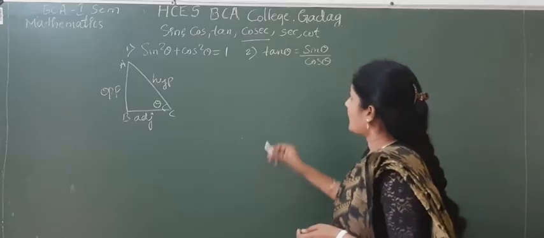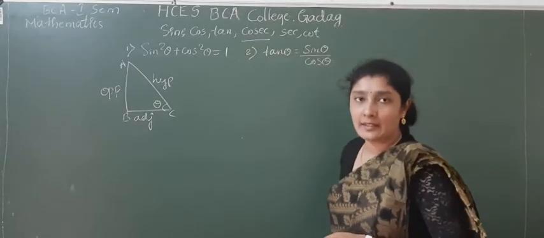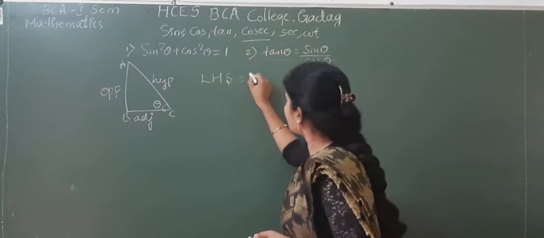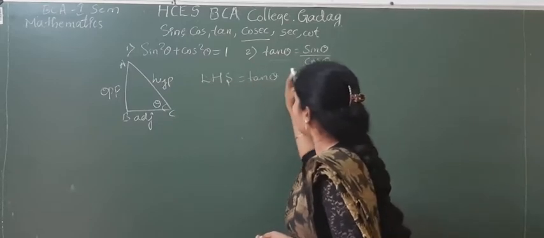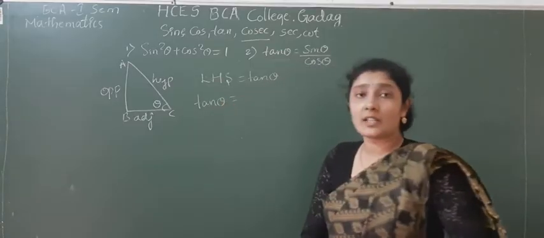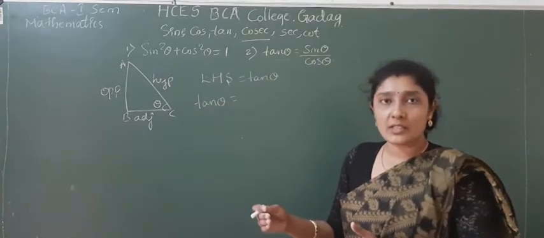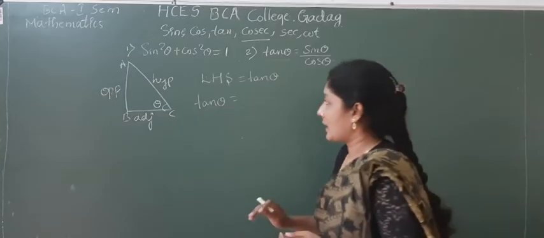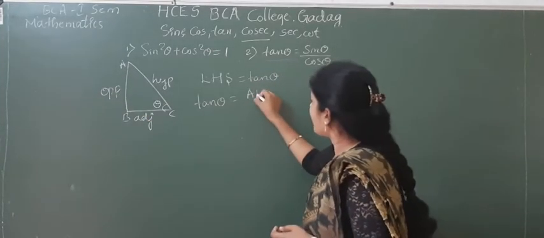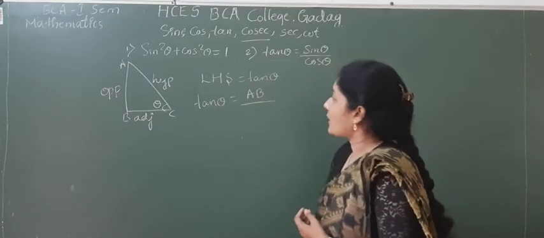Now, the second one, let us take tan theta, that is LHS. So, LHS is equal to tan theta. As you know, tan theta is nothing but opposite side divided by adjacent side. So, what is opposite? AB. AB divided by what is adjacent?